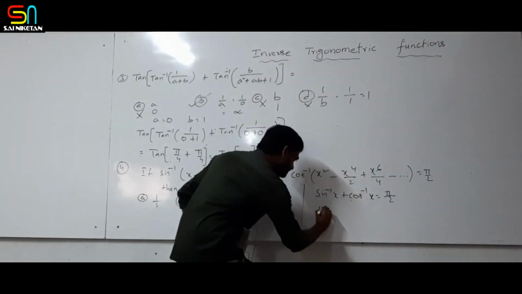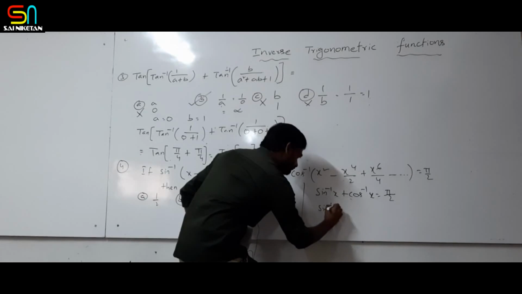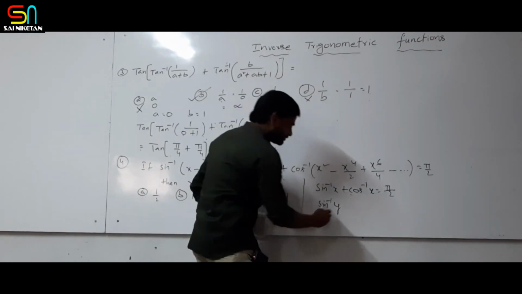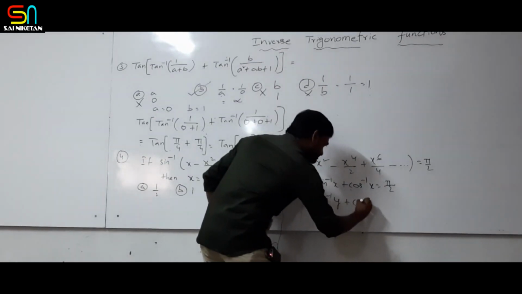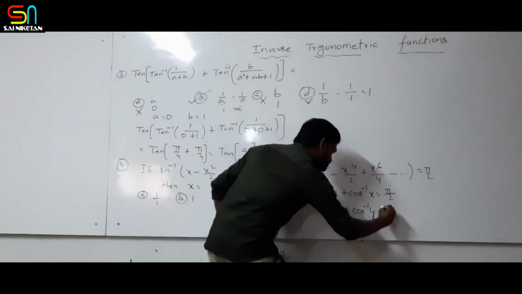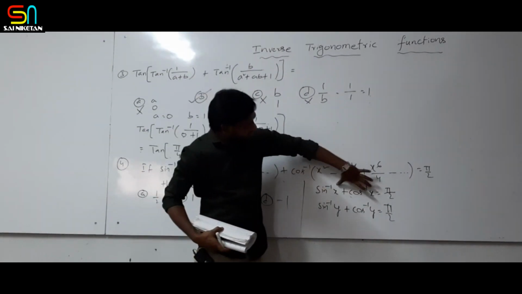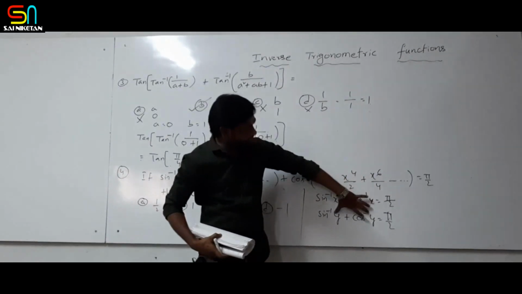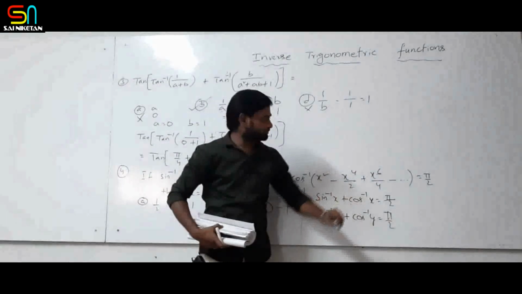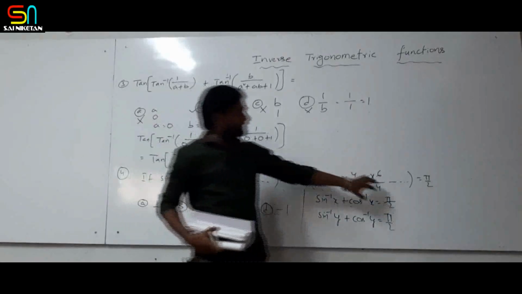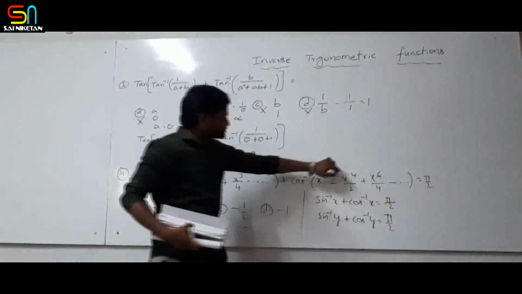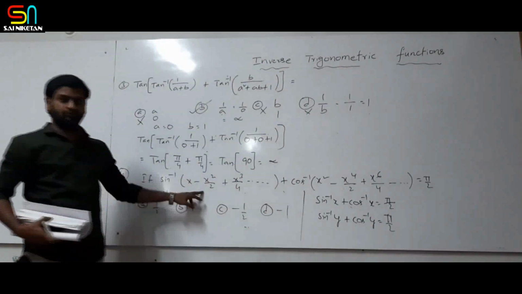In the same way, you can take this one also. Sin inverse of y, I am changing the variable, plus cos inverse of y is also pi by 2. If these two are the same, then this value is pi by 2. But here already this value is given as pi by 2. That means these both are equal.